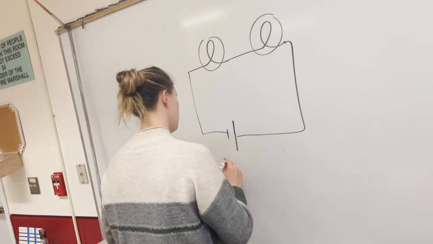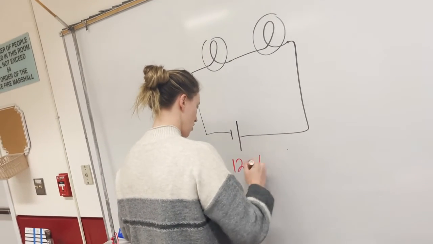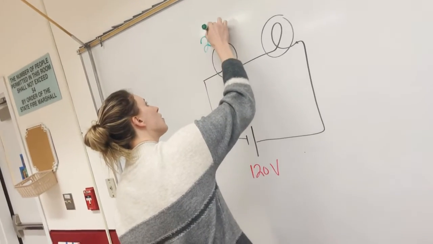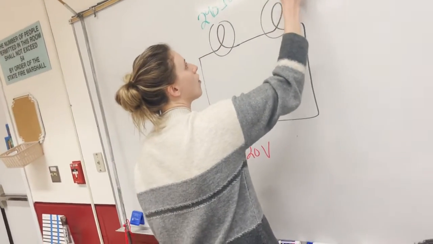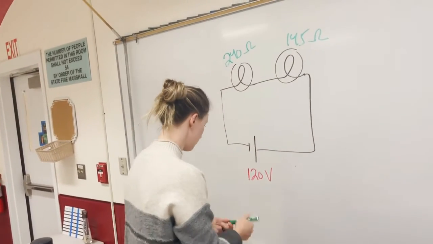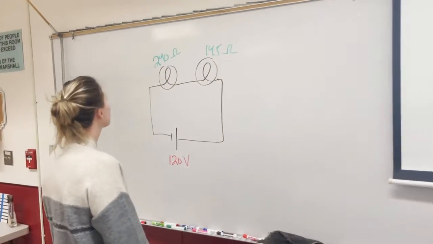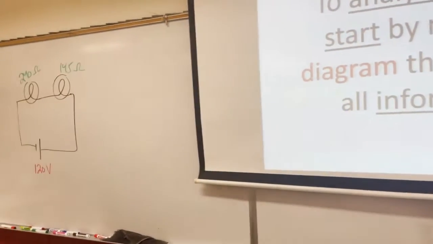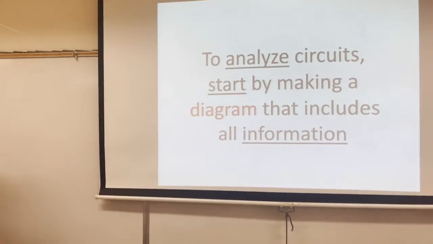This is 120 volts, and then this one up here is 240 ohms. And the other one's 145. Okay. All right, sweet. That's all the information you're given, and that's the way you should start. Okay, so should we do anything with this? No, we got to take it. All right, let's rock and roll.